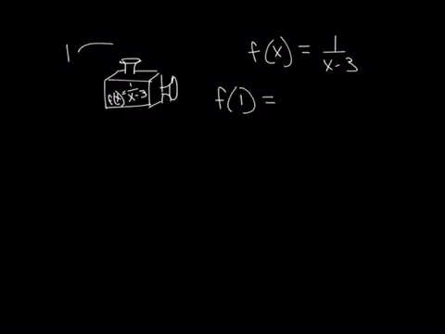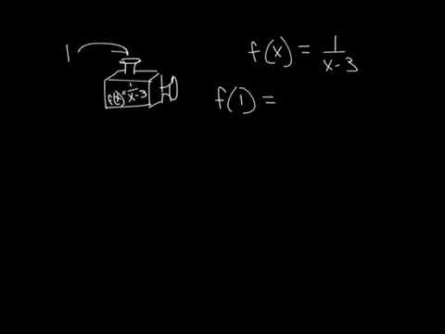Okay, so there's my function machine for example 8. The function they're giving us is f of x equals 1 over x minus 3. It says find the indicated function values and determine whether the given values are in the domain of the function. Meaning, is the answer possible? If the answer is not possible, then they are not in the domain. So for instance, let's use f of 1. I'm going to take a 1 and put it in here.